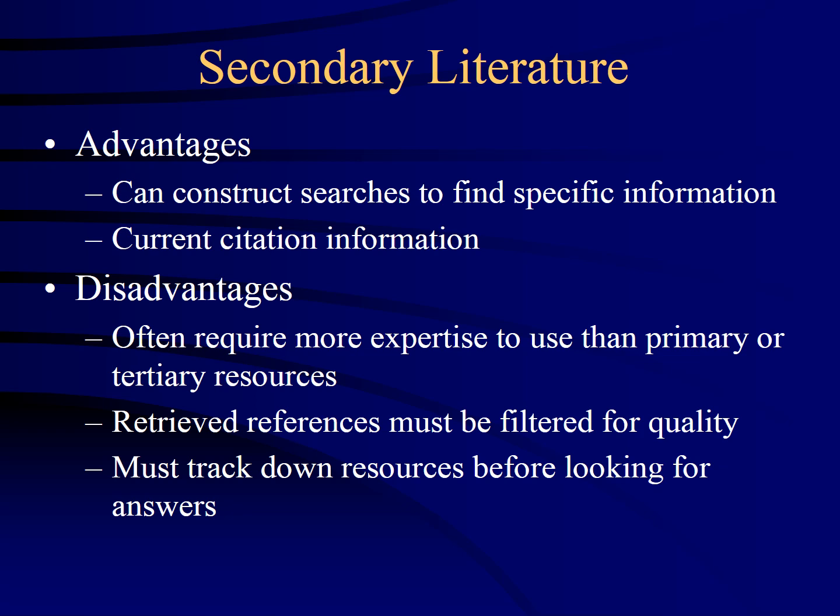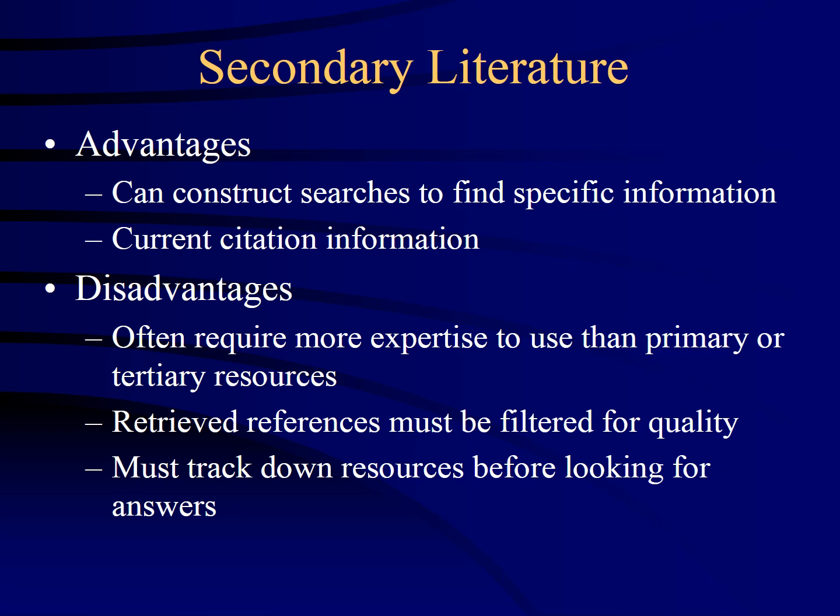You must be able to retrieve references, and you have to filter through your list of potential articles. You must also track down these resources before looking into your answers.